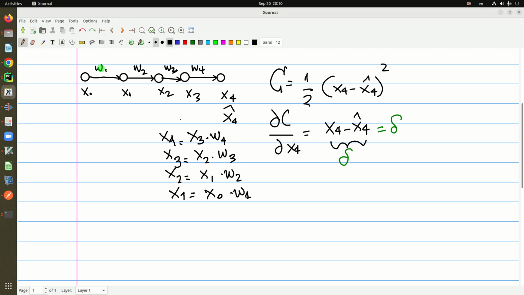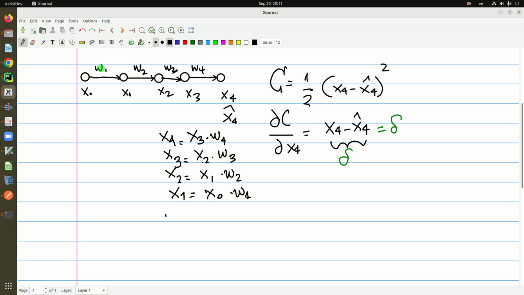We're going to use these equations, and the rate of change of cost over x4, to calculate delta W1: how much we have to adjust W1 in order to get closer to the best possible answer.